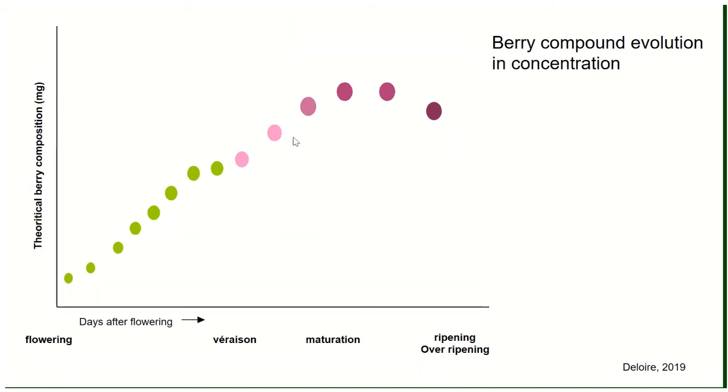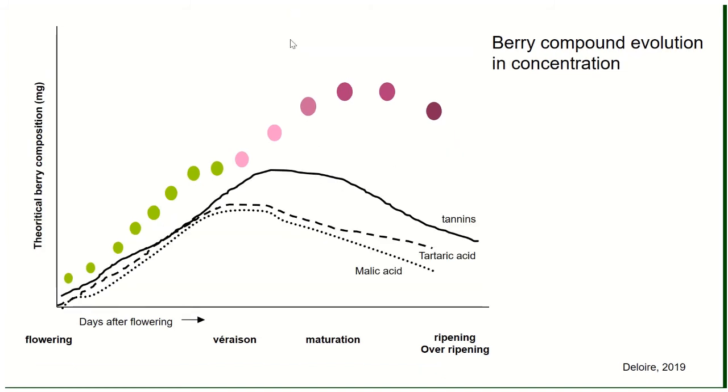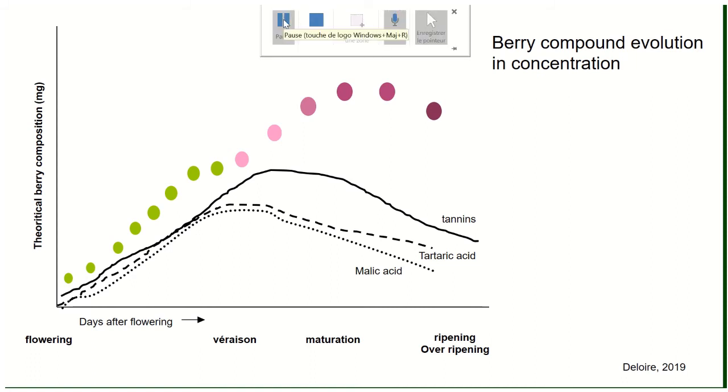Okay, let's speak about the evolution of compounds in concentration. And you see here that now in concentration, the volume of the berries will matter. Let's look at the evolution of tannins, which are accumulated before veraison.